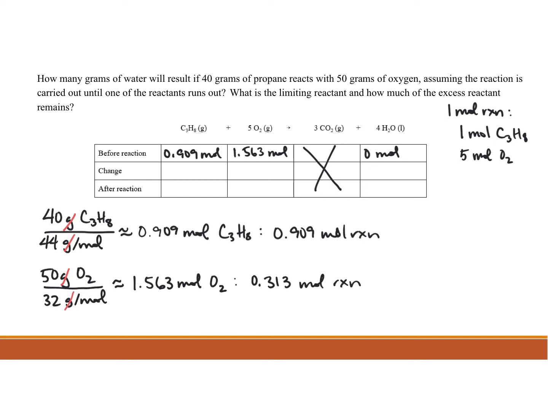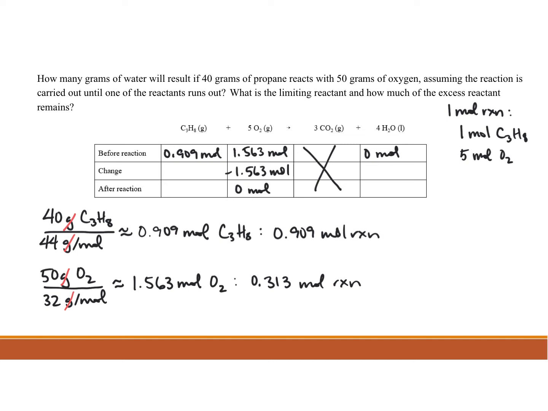Because this is the smaller of the two numbers, this means that oxygen is your limiting reactant, so it's going to run out first. So I'm going to put here minus 1.563 mole of O2, giving you 0 moles of O2 in the end.